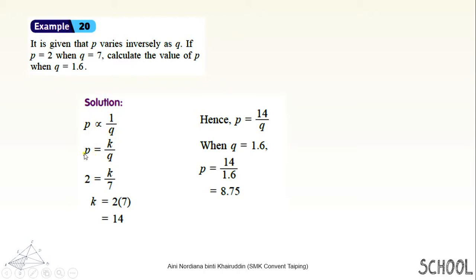Substitute the values of P and Q, here P is 2 and Q is 7. Then you will get the value of k. Once you get the value of k, substitute back into the formula. So P equals 14 over Q. Then substitute the value of Q given here, 1.6, to get the value of P. So use your calculator, you get P equals 8.75.